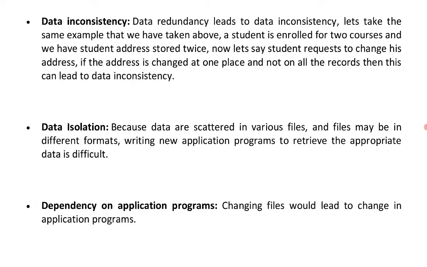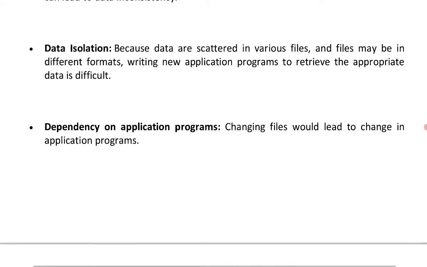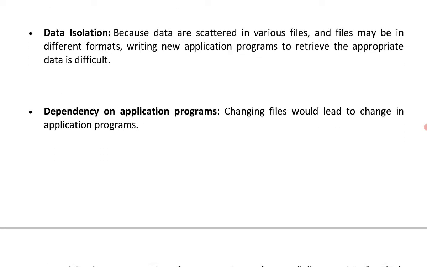Next is data isolation. Means data is maintained in various formats, in various applications and various file formats, so that it is also one of the pitfalls of file based systems.